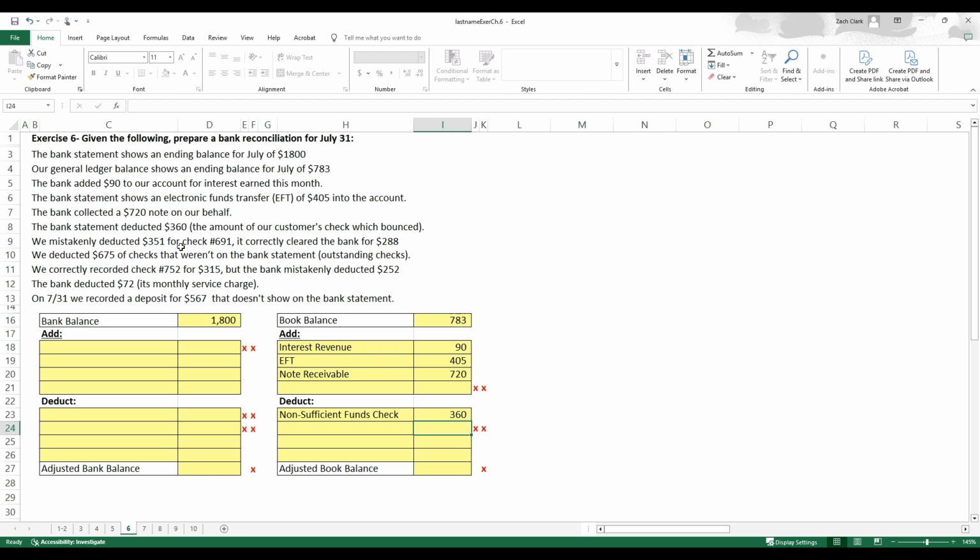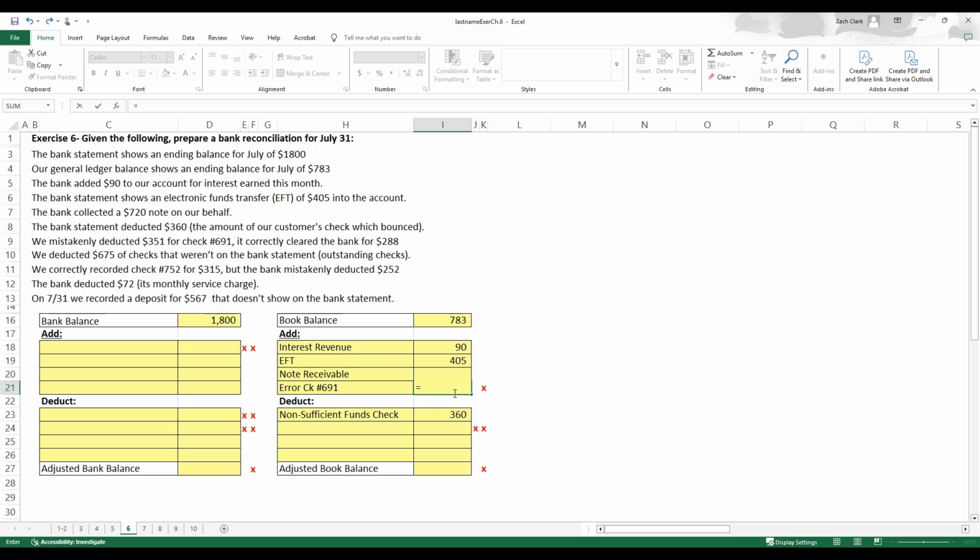We mistakenly deducted $351 for check 691. It correctly cleared the bank for $288. So we need to do a correction here. It should have been a deduction of $288. In our accounting records, we reduced cash by $351. So we need to add some cash back, and that was check number 691.